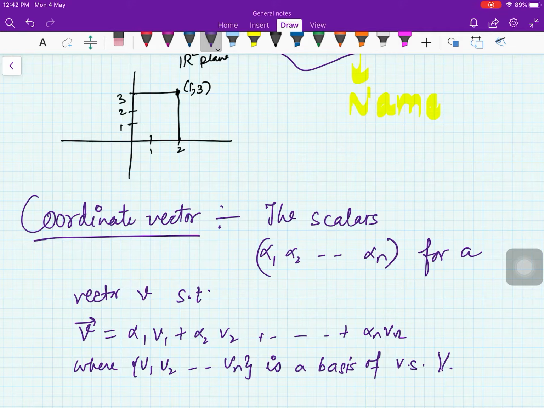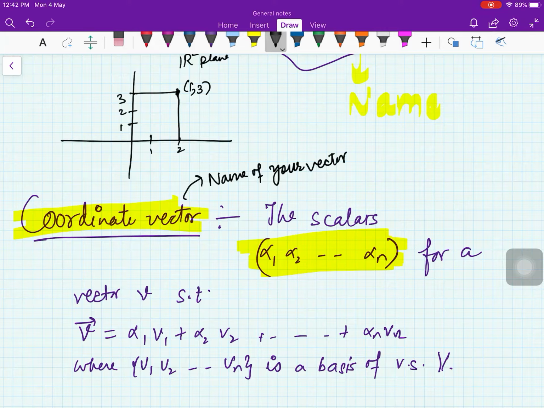For every vector you will get a coordinate vector. So the coordinate vector is actually the name of your vector, and it will change as you change the basis.